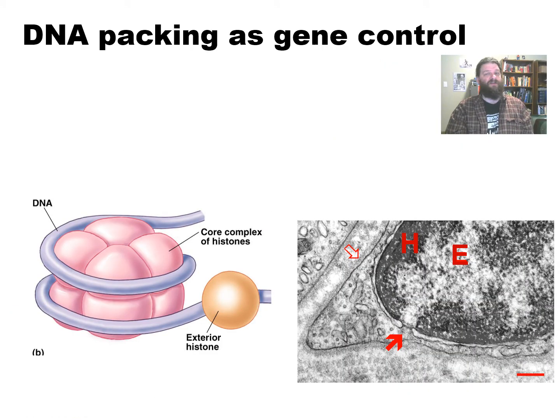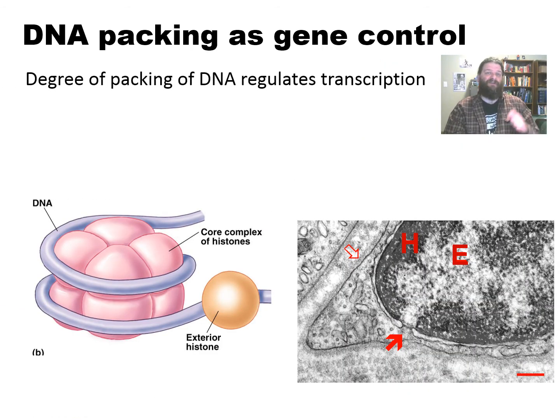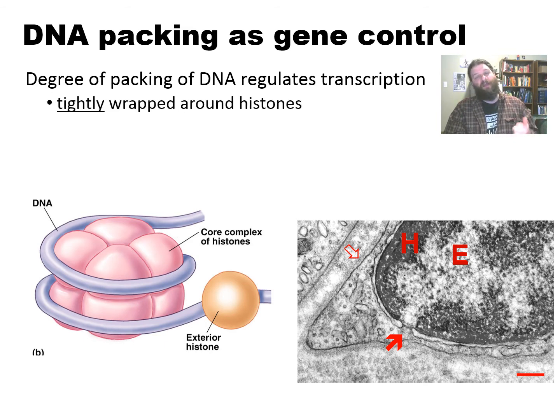The control of gene expression comes in by how tightly that DNA is wrapped around those histones. If I wrap it really tightly, then it can't unzip and I can't get a transcription bubble, and I essentially turn off any of the genes that are associated with the DNA that's tightly wrapped around those histones.